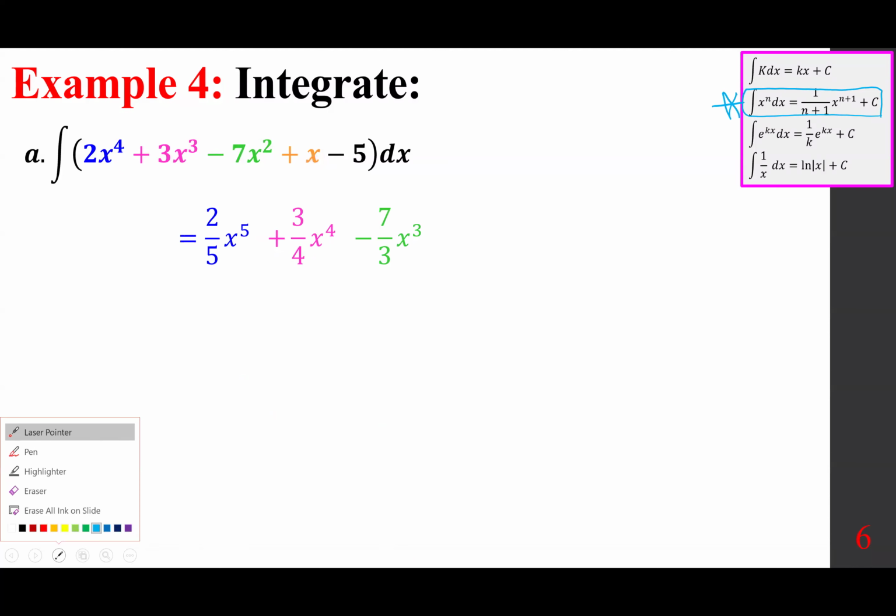Remember, x has exponent 1, therefore 1/2 x squared minus 5x plus c.